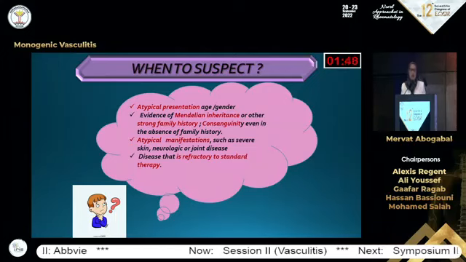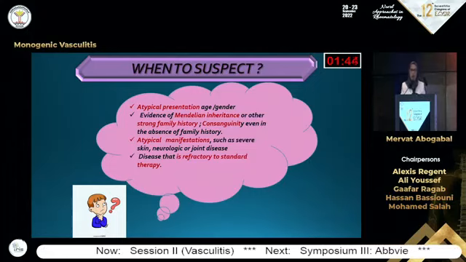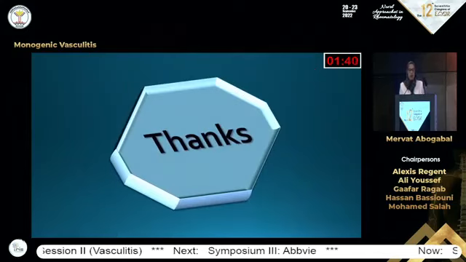Lastly, if the disorder is refractory to standard therapy, we must think of a monogenic variant of the disease, which requires more targeted therapy. Thank you.